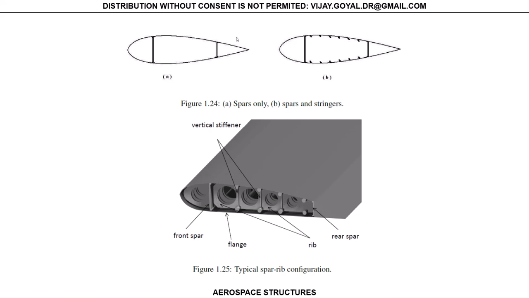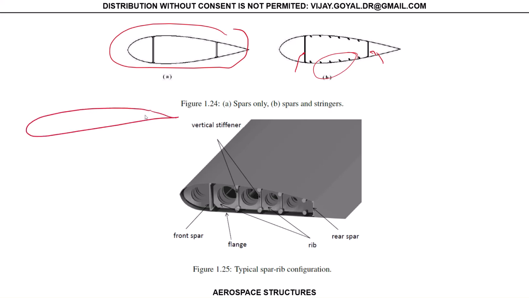Okay, so this is a case where you have a wing with spar only. This is spar only. This is a case where you have a spar and you have stringers. So this is mainly a monocoque construction, because it's saying that your entire structure, think about the wing, I will make the wing as thick as possible, and I want the whole structure to hold all the loads.